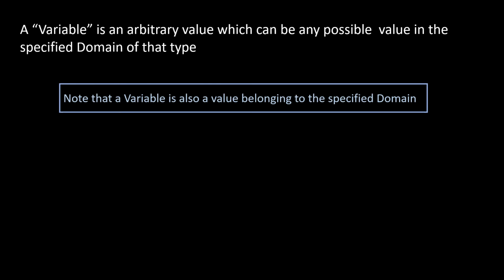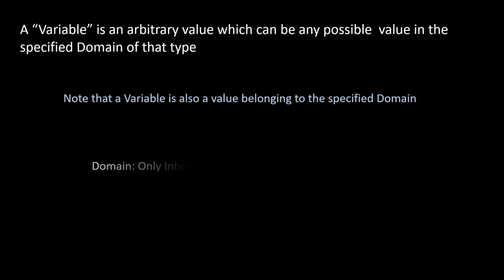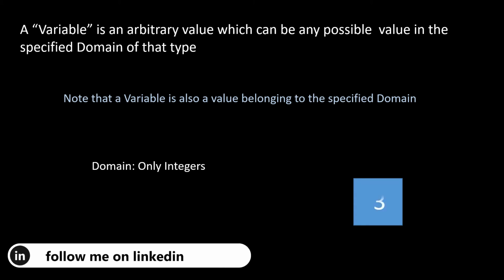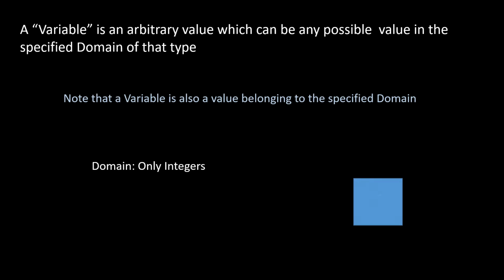Now let's understand this through an example. Suppose that we have been given a domain which consists of only integers. We have also been given a variable of type integer which can contain values of type integer, for example 1, 3, 2, and 4. But what if I insert a floating point value, that is 2.3?